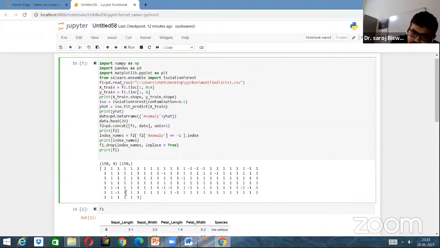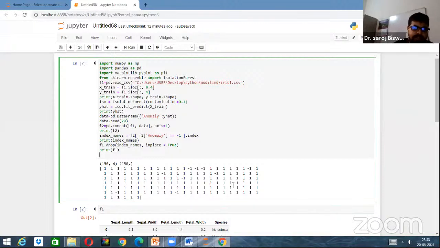So what is this one? Because you know basic Python, it is a list. The values which are available in yhat now, that's a list. What I want to do is create one more column in the data set, so that I can find out the index of the data set where the value is -1.